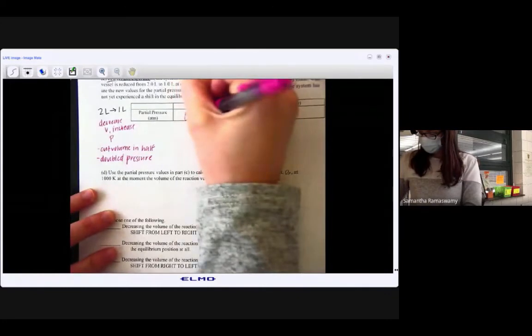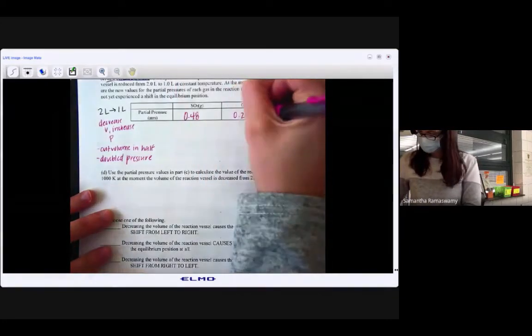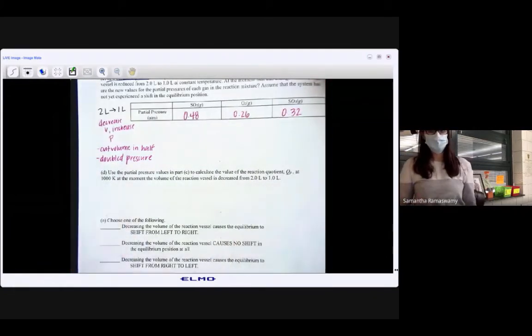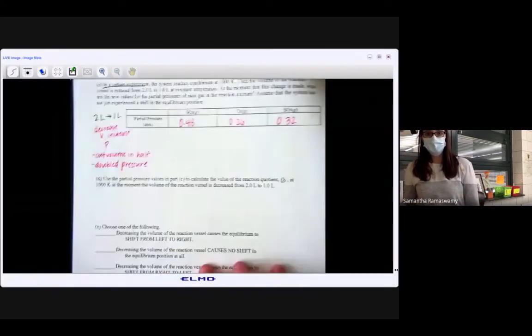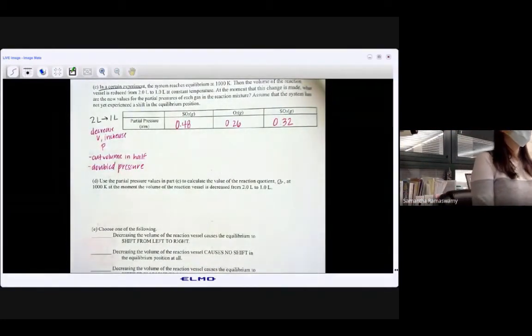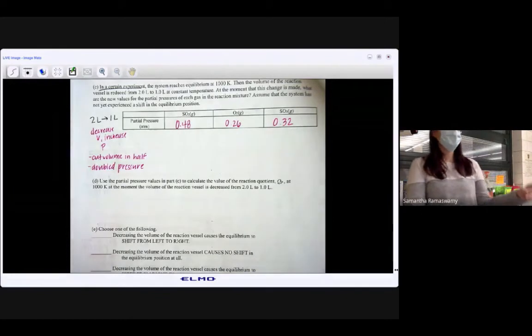So 0.48, 0.26, and 0.32. Because the reaction hasn't shifted yet. It hasn't shifted. This is right away. As soon as you cut the volume, you're doubling the pressure.